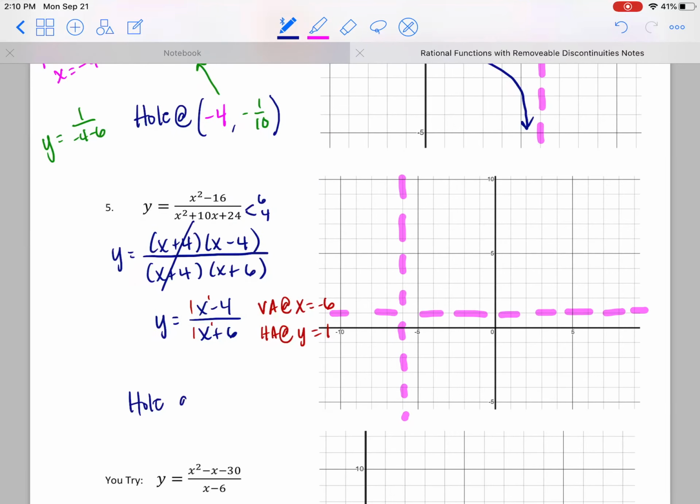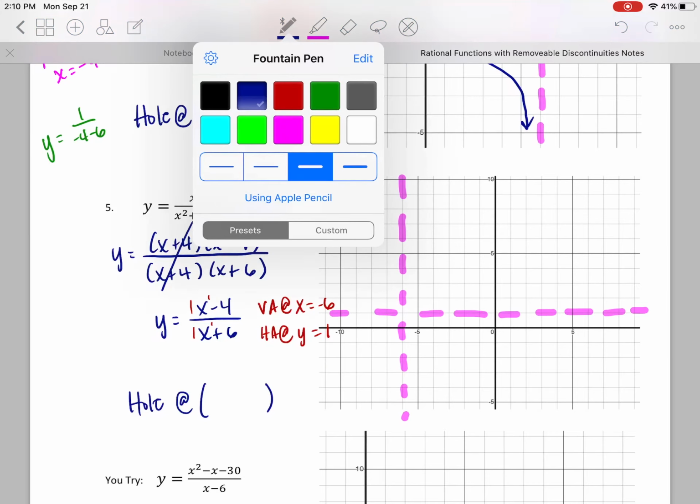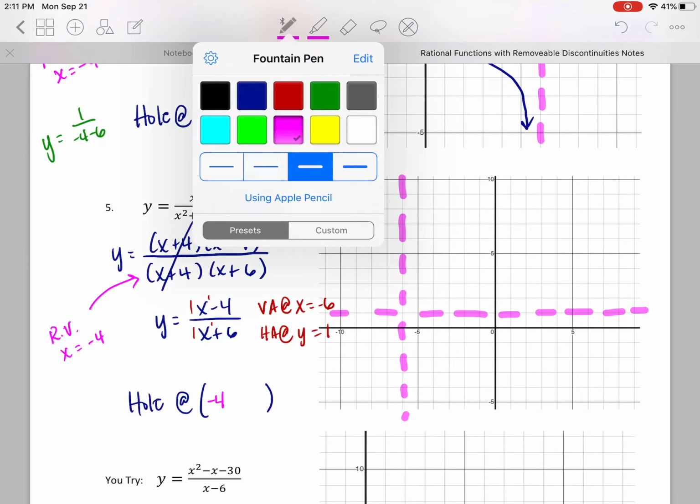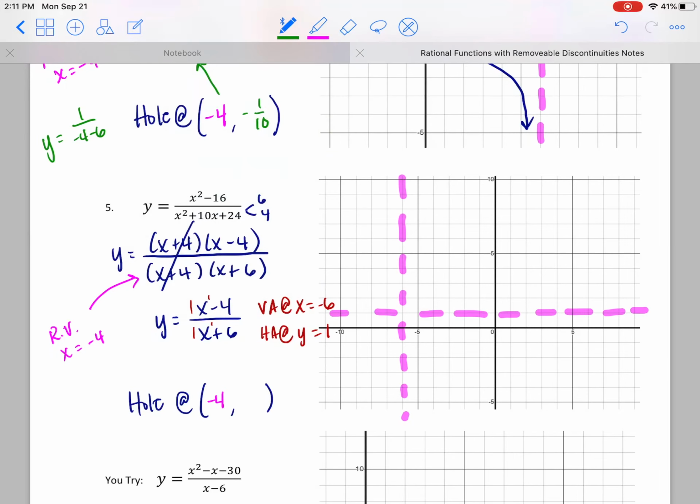There's going to be a hole in this graph at where? Well, the x value for the hole is going to occur at the x value that was reduced out. So here we had a restricted value of -4 again that got reduced out. So -4 is going to be the x value. And then we're going to plug that into our simplified function.